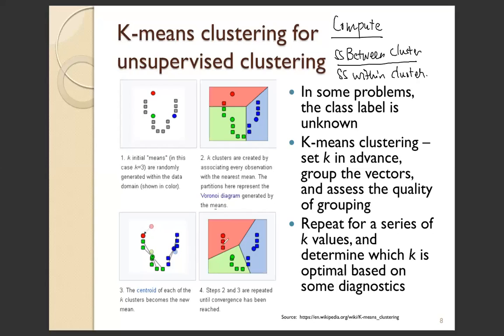If the clusters are very compact, then the sum of squares between clusters will be large, and the variation within the clusters will be low. Otherwise, in this case, your sum of squares within will be high.